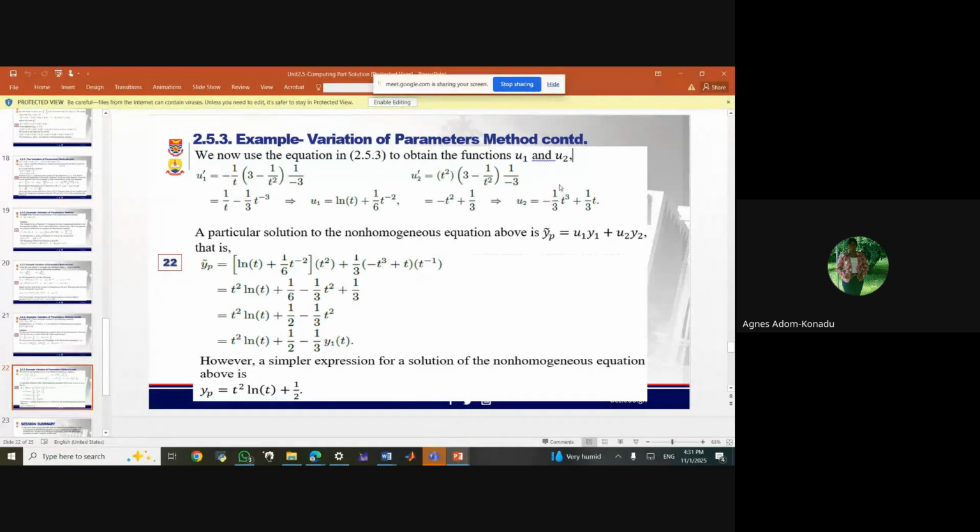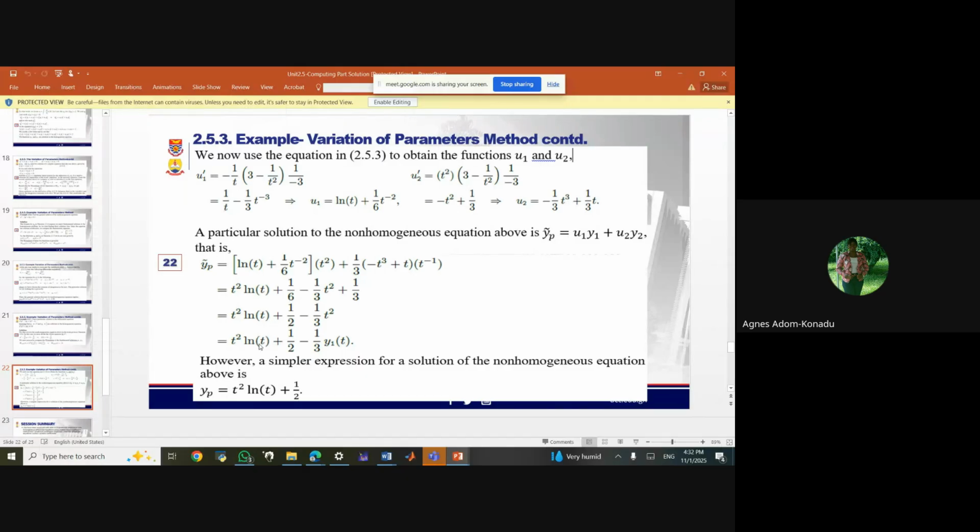So my u2 is -1 over 3 t cubed plus 1 over 3 t. So I combine the two. The function y sub p is u1 times y1 plus u2 times y2. So my u1 is like this, my y1 is this, plus my u2 is this, and then my y2 is this. I simplify and I'm going to get this.